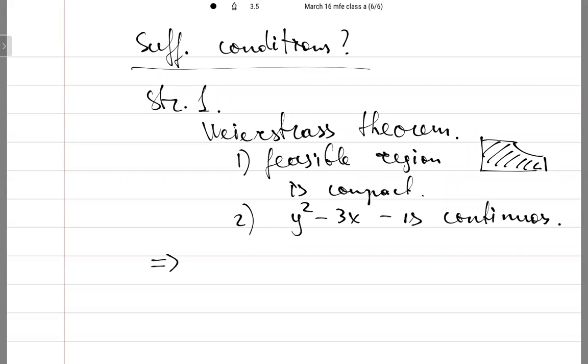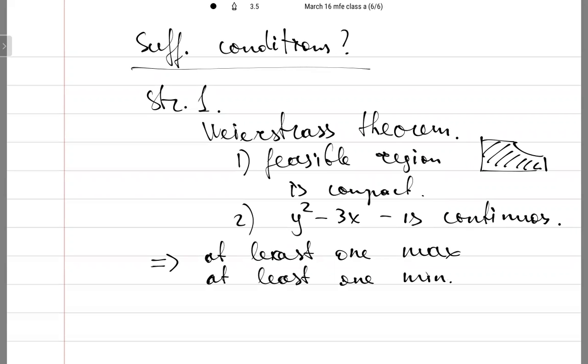So the Weierstrass theorem guarantees us that we should have at least one maximum, at least one minimum. We were searching for maximization, and we have found only one candidate.